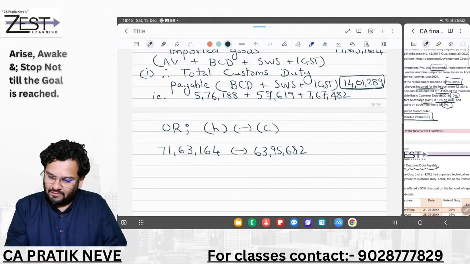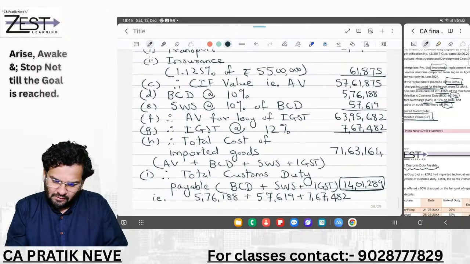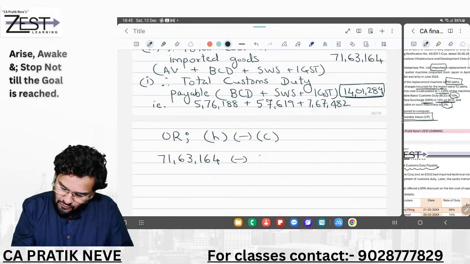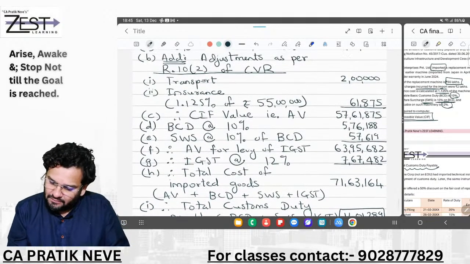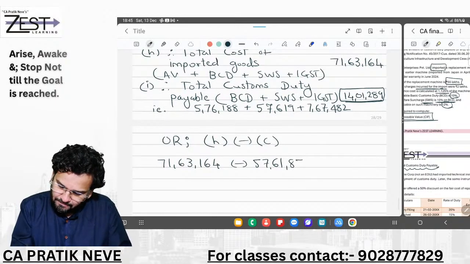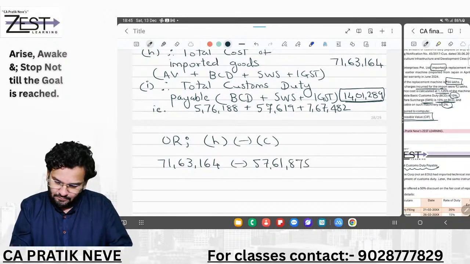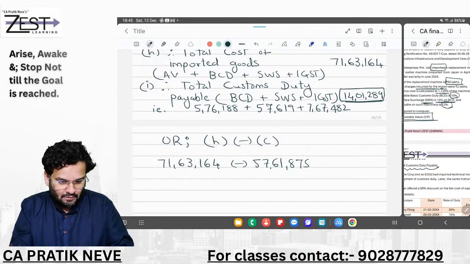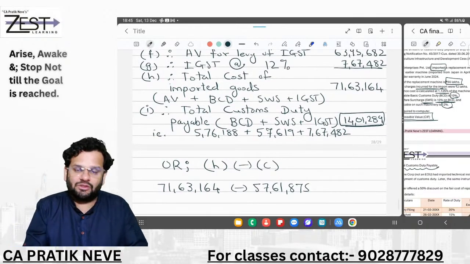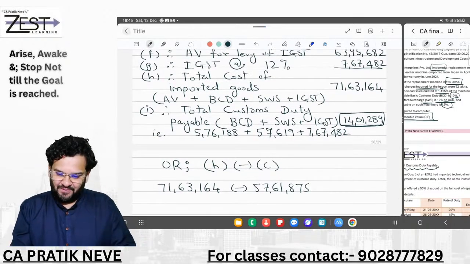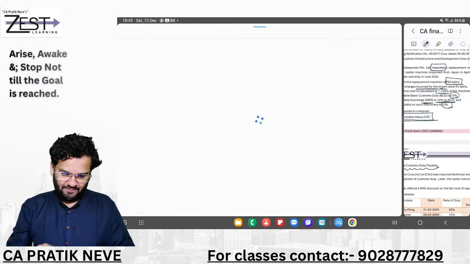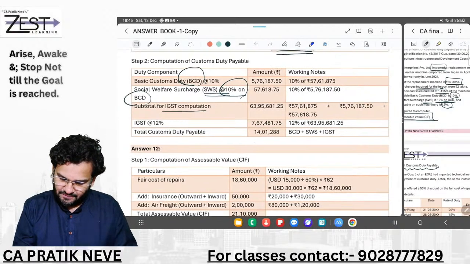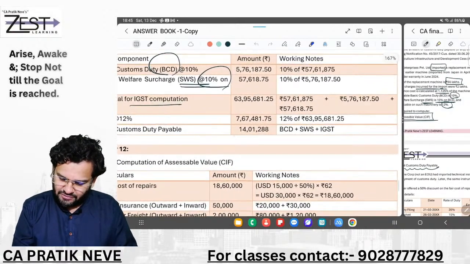Are you getting 7,67,482? Sorry, 5,76,188 plus 57,619 plus 7,67,482. You must be getting 14 lakh 1,289. Check. See this. Some 1 rupee rounding off difference. But otherwise, clear.